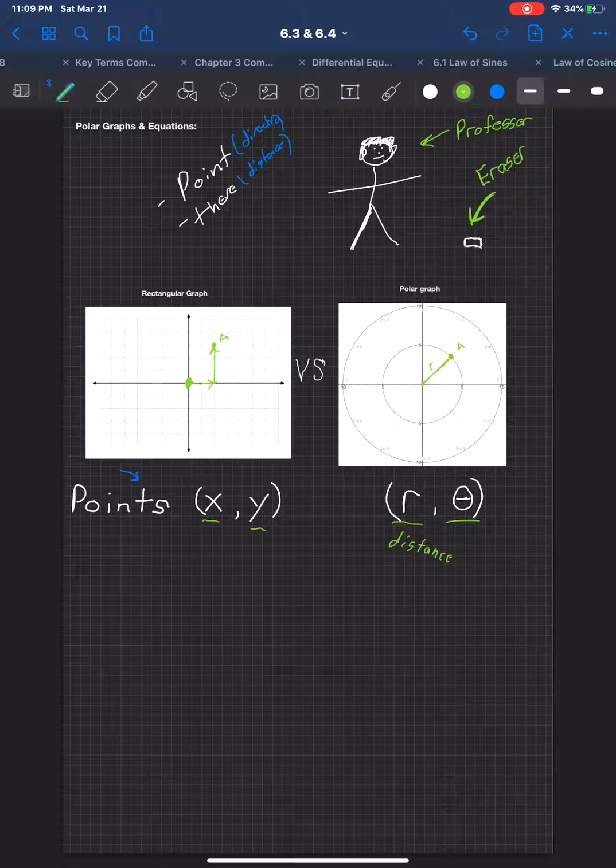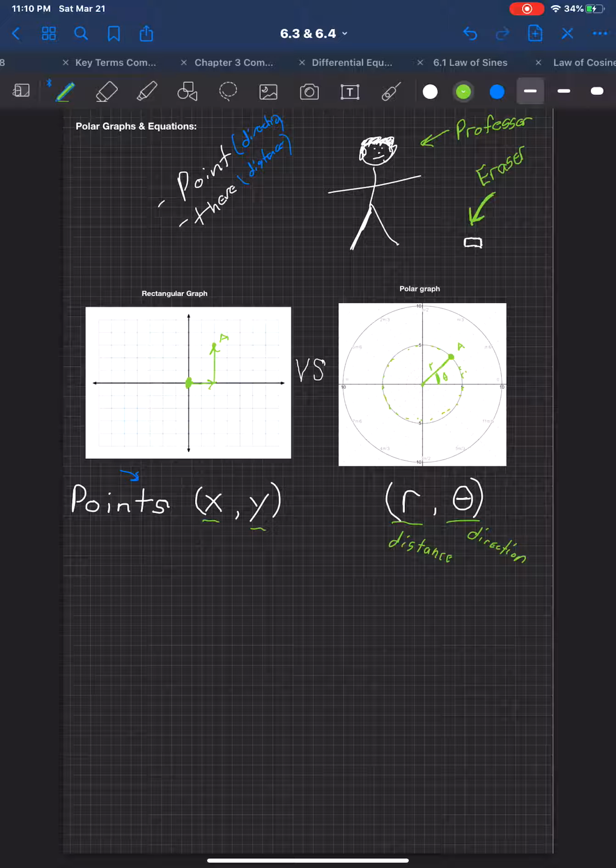You can give directions by slopes, but you can also give directions by angles, right? Theta. My eyesight is not quite good enough, that might be 45 degrees, but let's assume that it is.